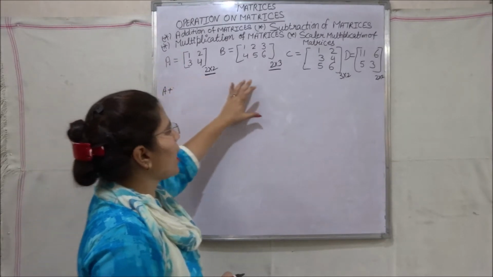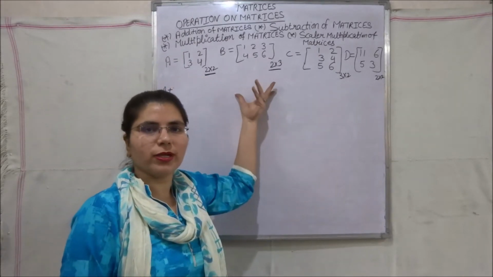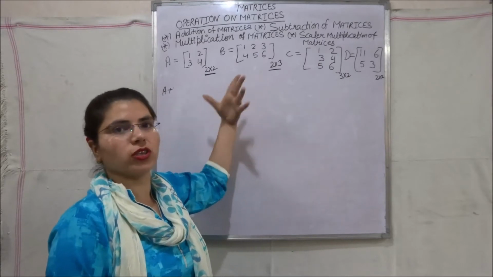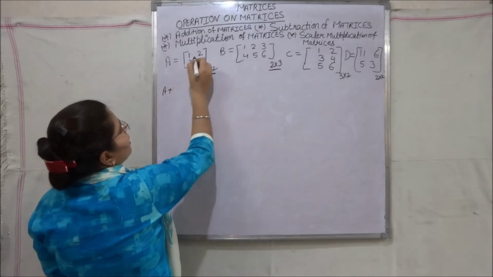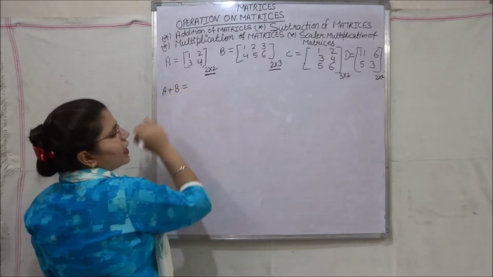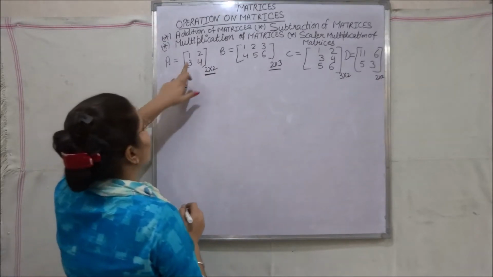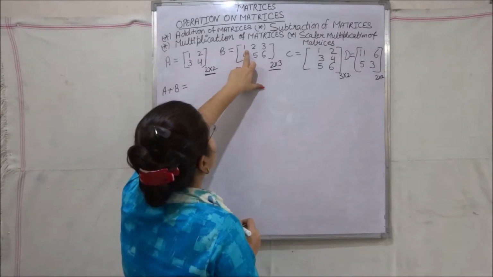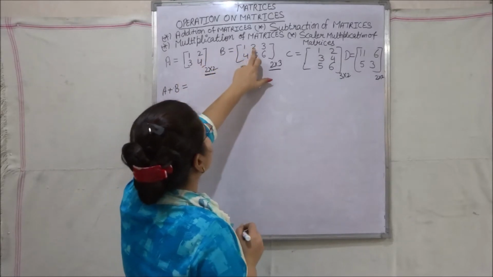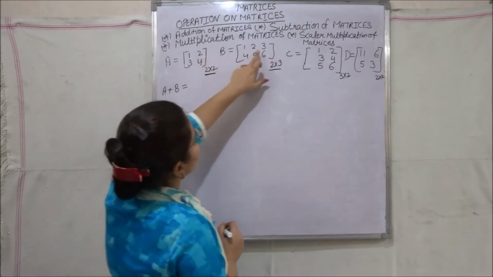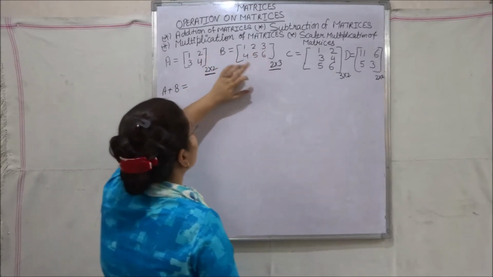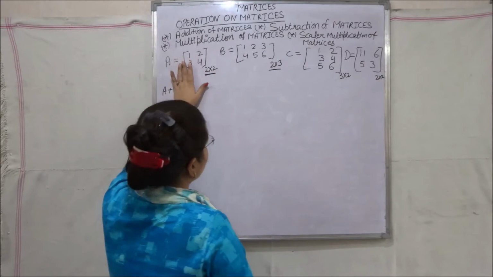That is, 2 cross 2 matrices cannot be added to 2 cross 3 matrices, because in addition and subtraction of matrices we have to add the corresponding elements of two or more matrices. If we take A and B, then 1 plus 1 will be 2, 2 plus 2 will be 4, but there is no element present for the addition of 3. So we can't add these two matrices.